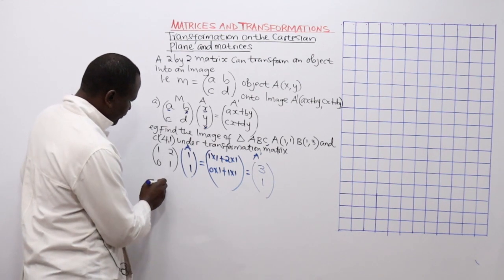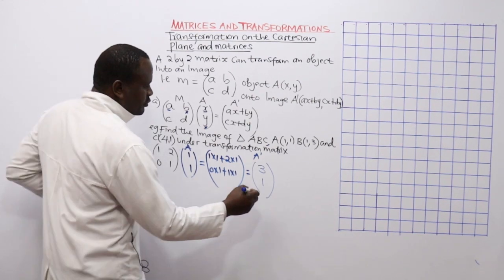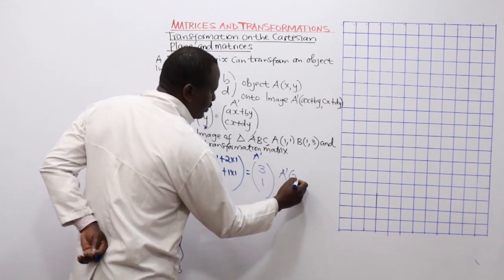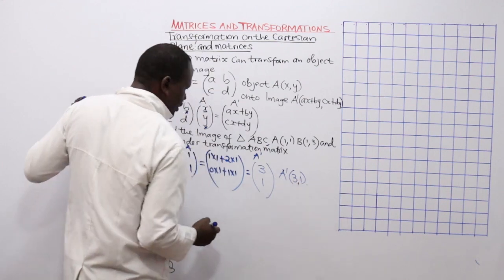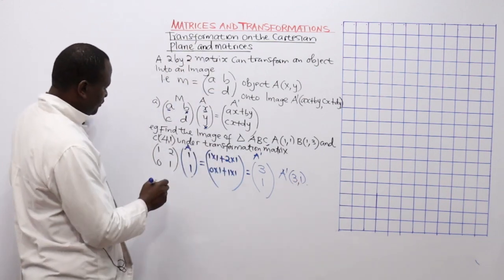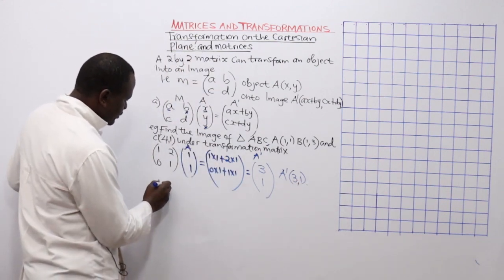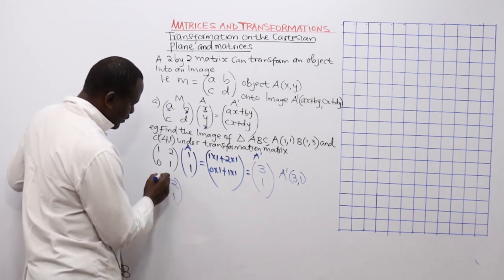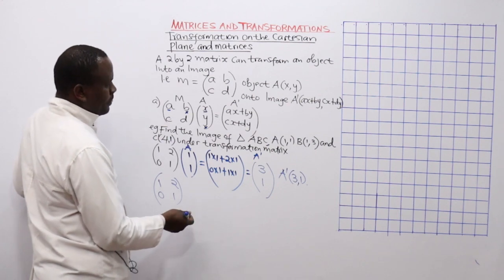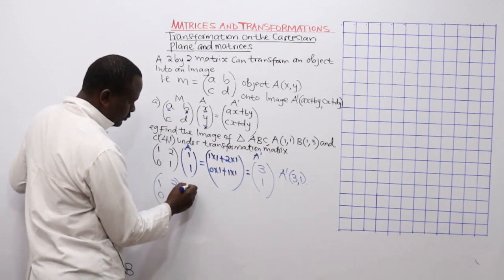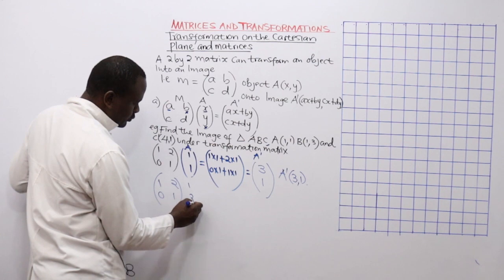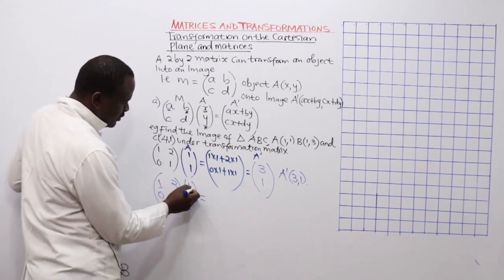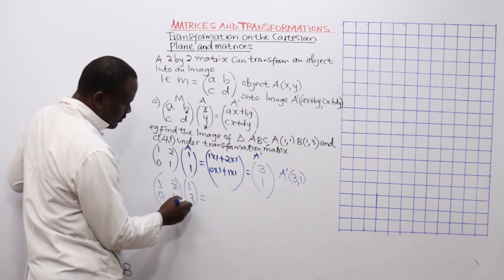We do the same. So the image of A is written as 3, 1. We do the same with B. 1, 2, 0, 1. B is 1, 3. We do the same, this by this one by this one.